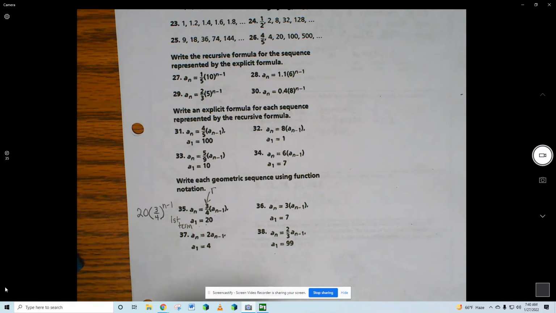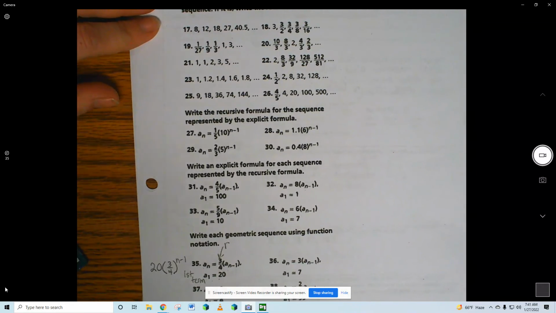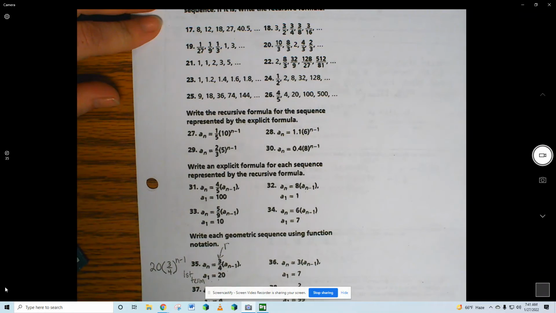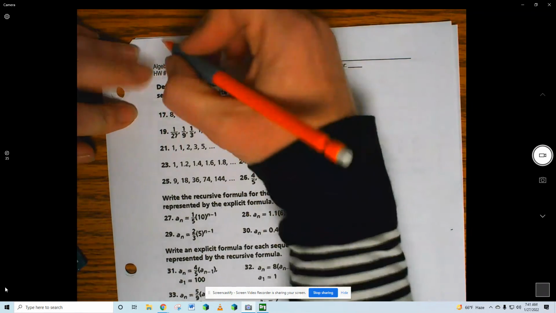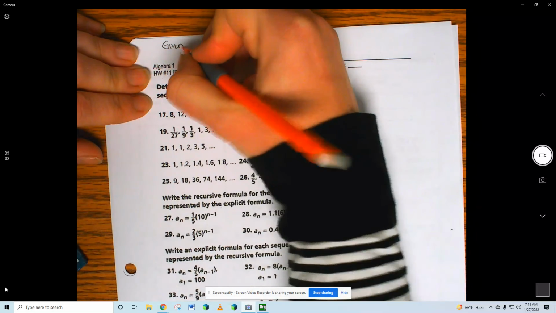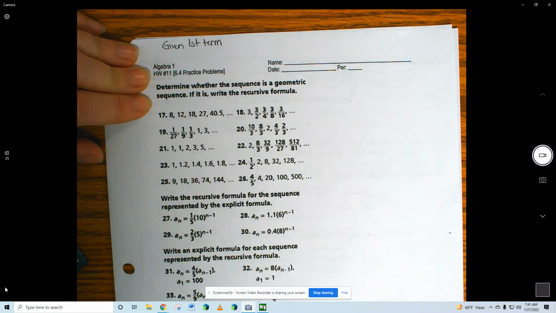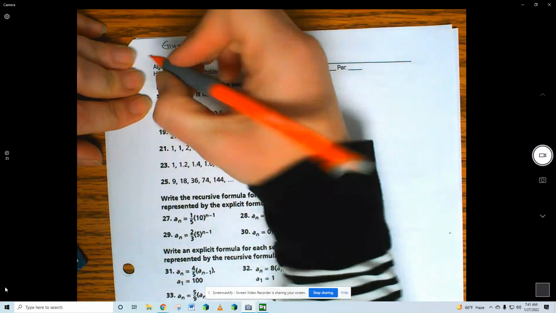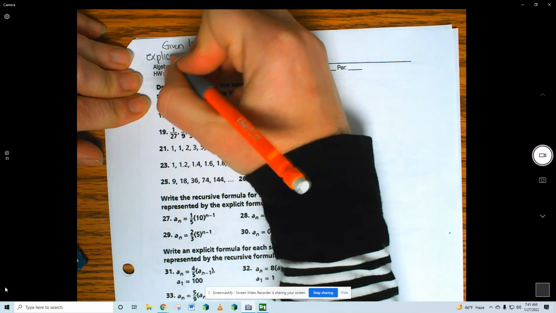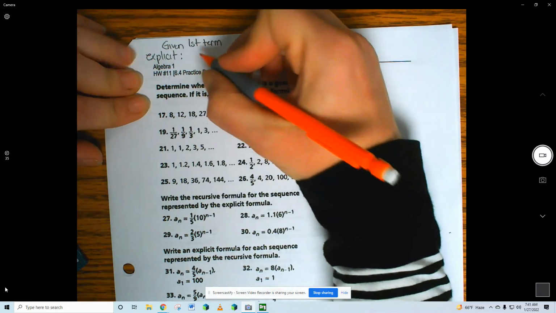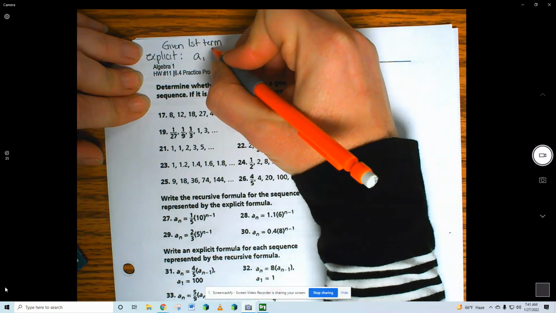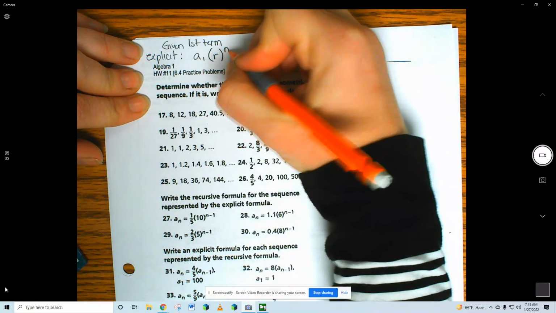If you're given the first term, let me write this at the top of the paper. If you're given the first term, I'm going to use explicit, which is a sub 1 times the ratio raised to the n minus 1.